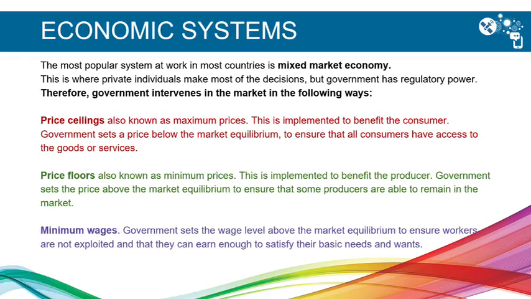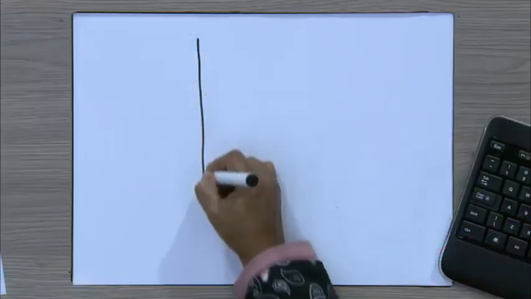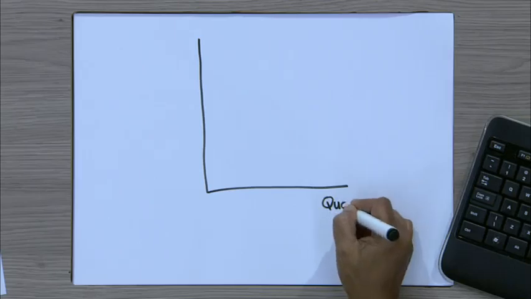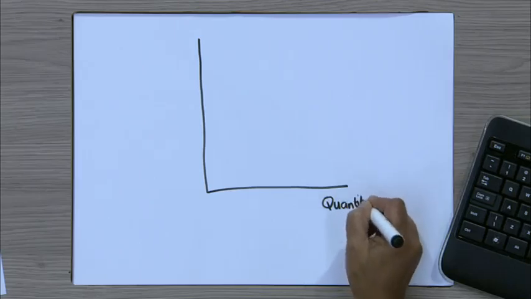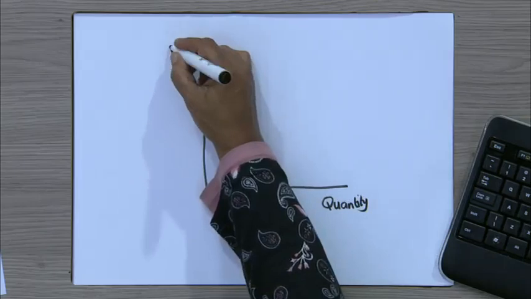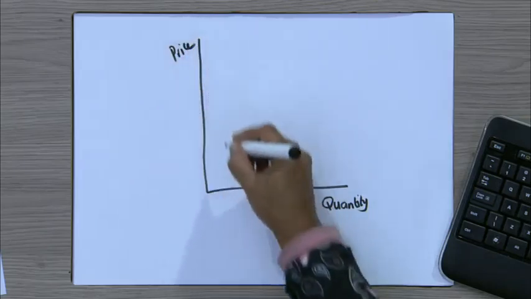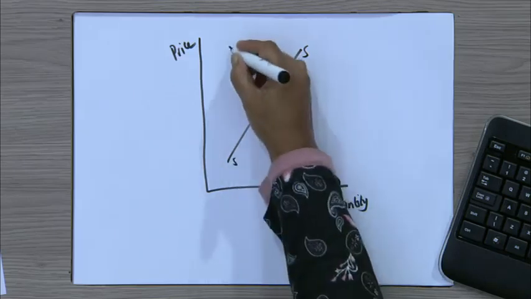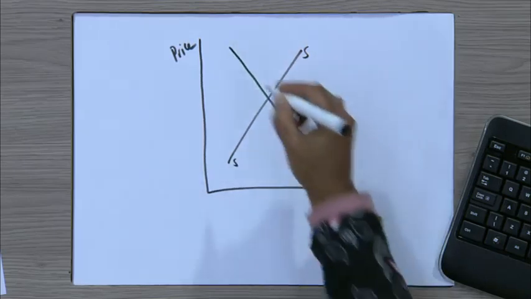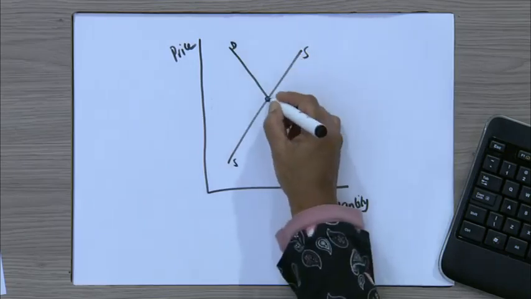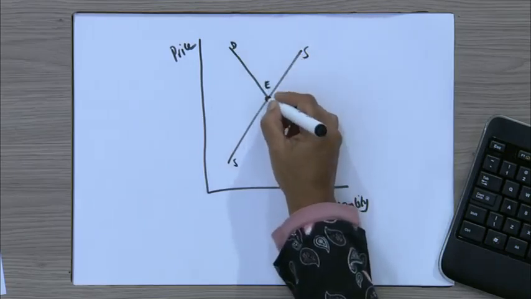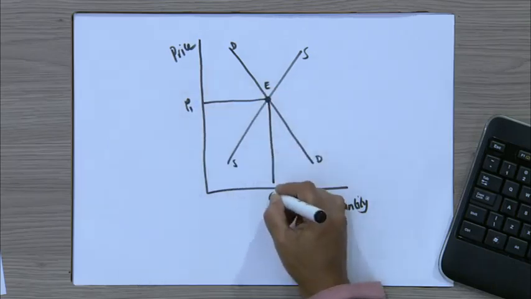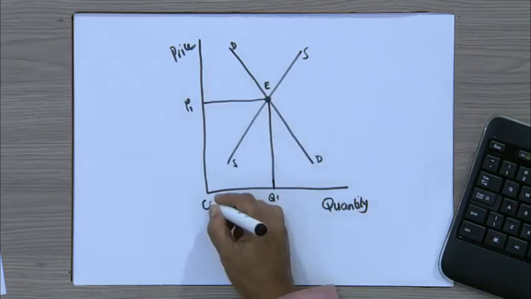So once again, if we look at this on a graph, supply, demand, and where the two meet is my equilibrium. So there's my P1, Q1.